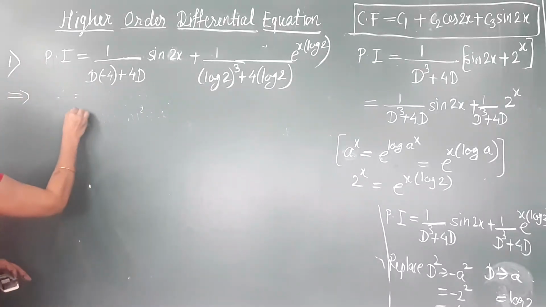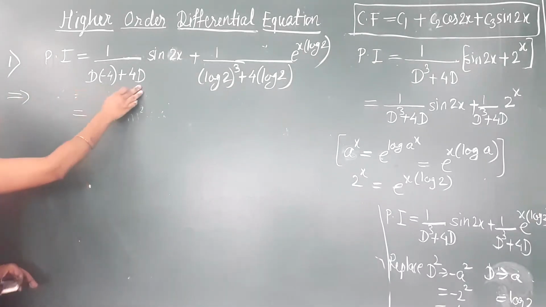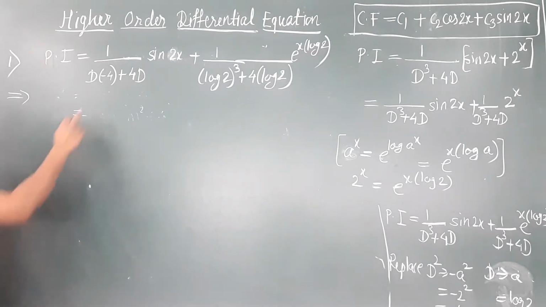In the first term, minus 4D plus 4D gets cancelled. So the denominator is 0. Denominator 0 means the case fails.